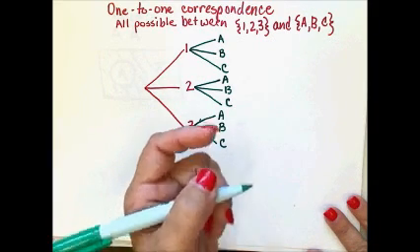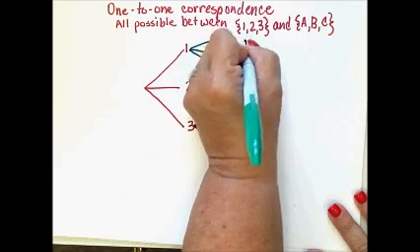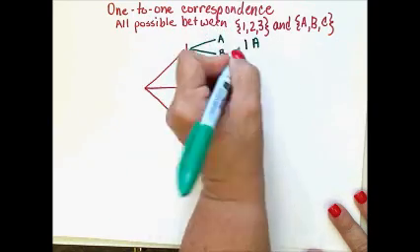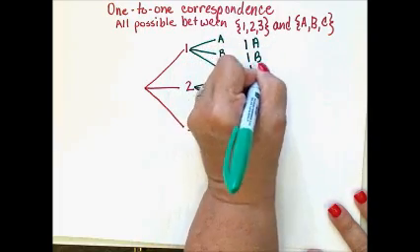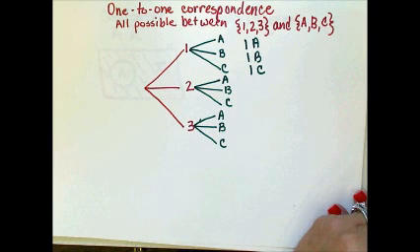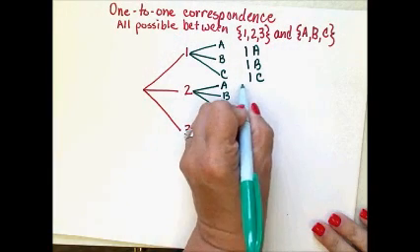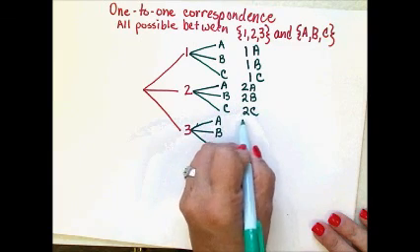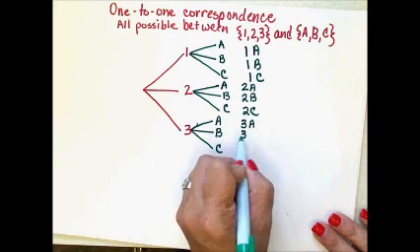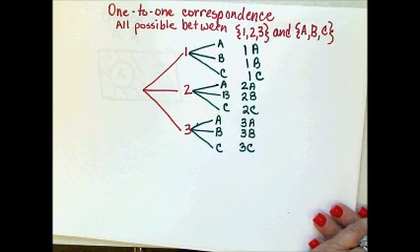So basically, here are my one-to-one correspondences. I could pair 1 with A, 1 with B, 1 with C. Then I could pair 2 with A, 2 with B, 2 with C. I could pair 3 with A, 3 with B, and 3 with C. And there are all the different possible one-to-one correspondences that I could have.